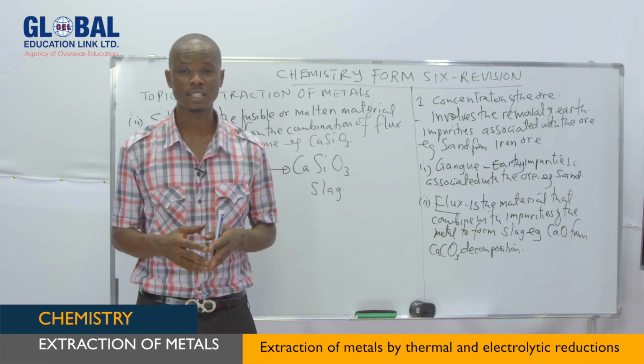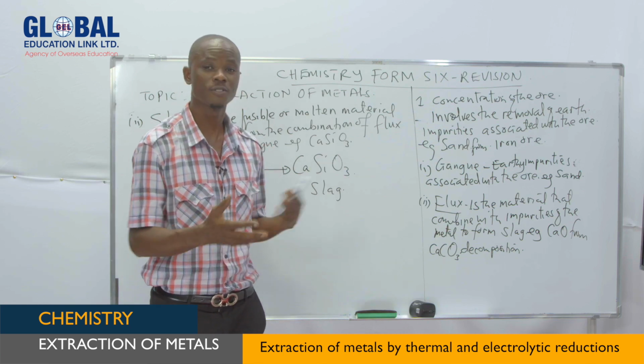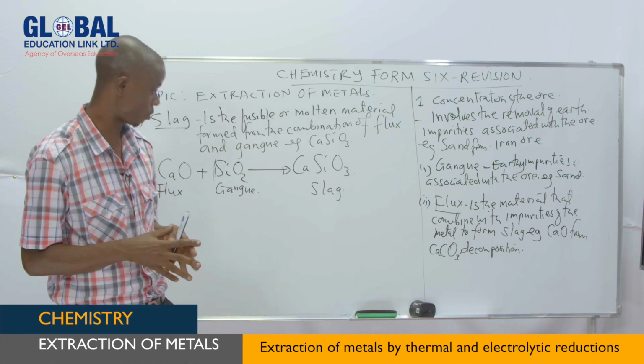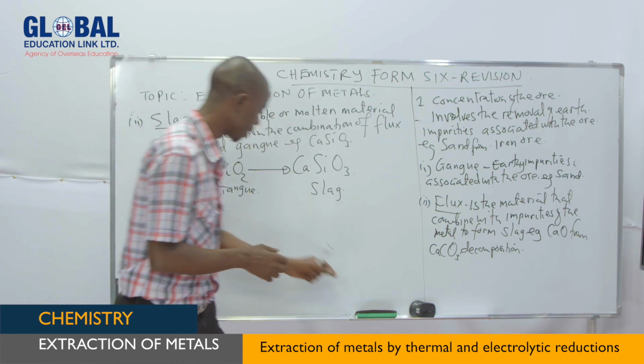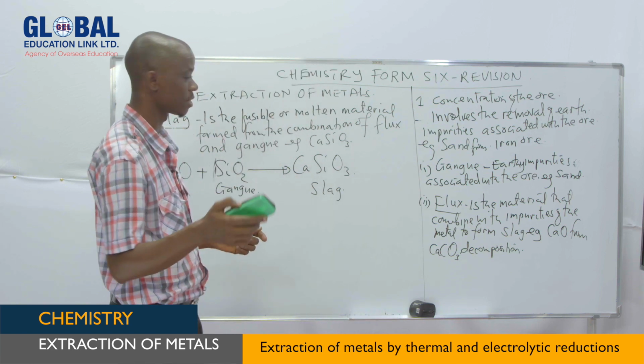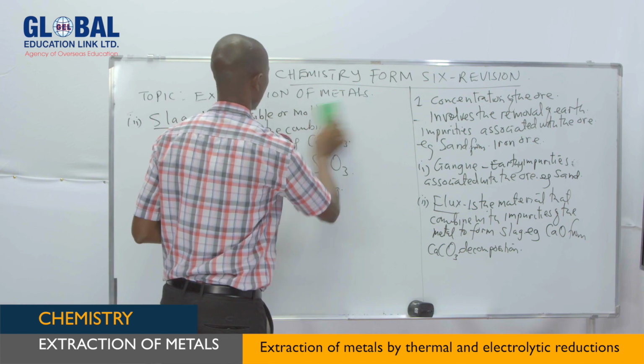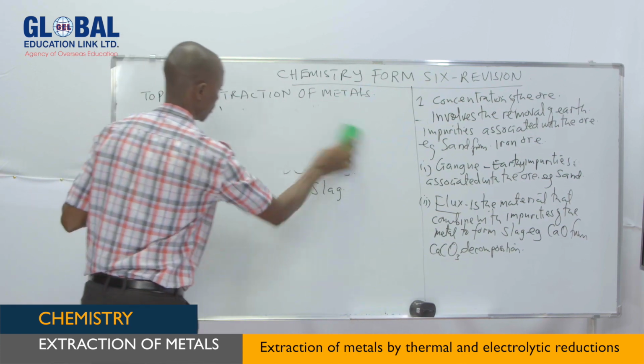When you go to Geita gold mine, they are just following these ways of getting the metal from the ores. Now from there, we can have some more steps to do with the extraction of metals.